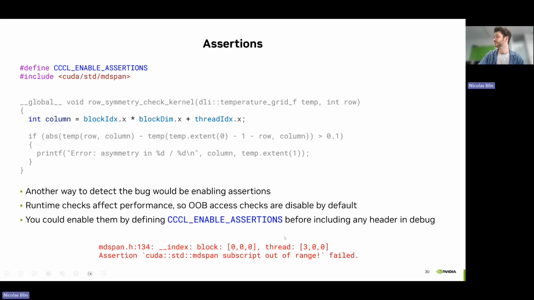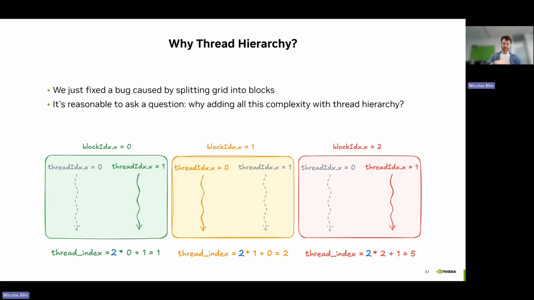Again, you will know which thread in which block made an out-of-bound access. This works by checking, when we're accessing the array through the mdspan, whether what we're trying to access is greater than the size of the mdspan. So by adding those boundary checks, we've just fixed the bug.